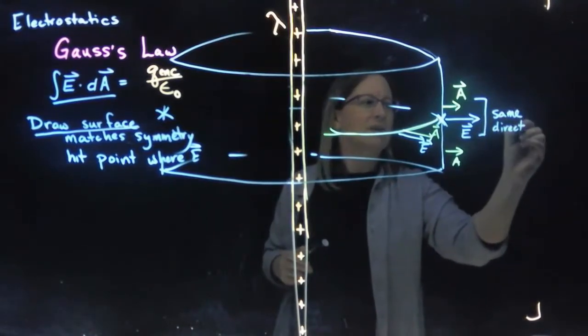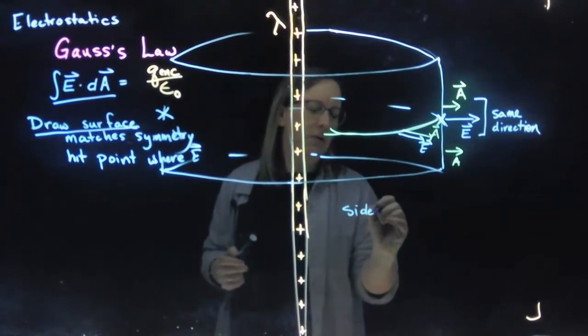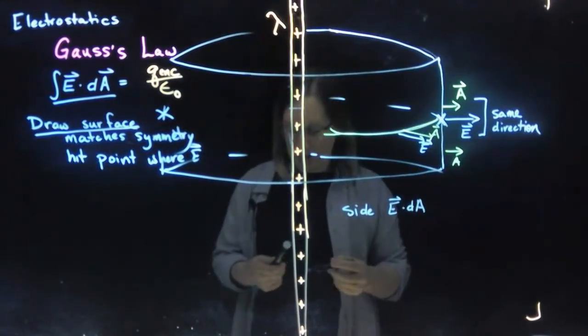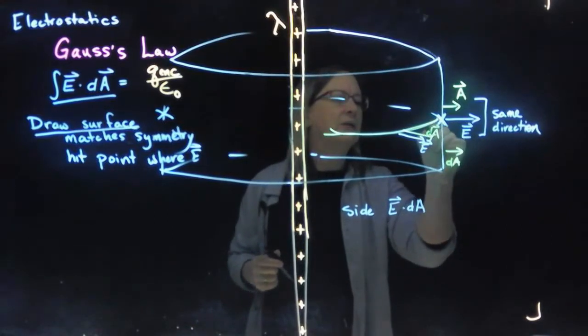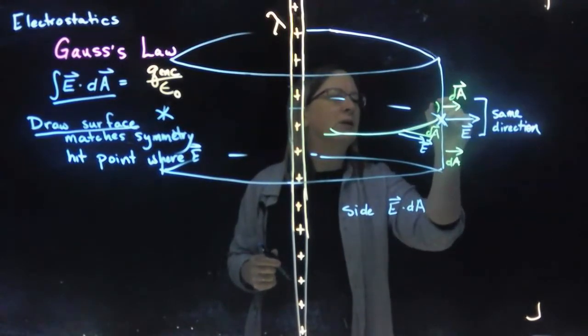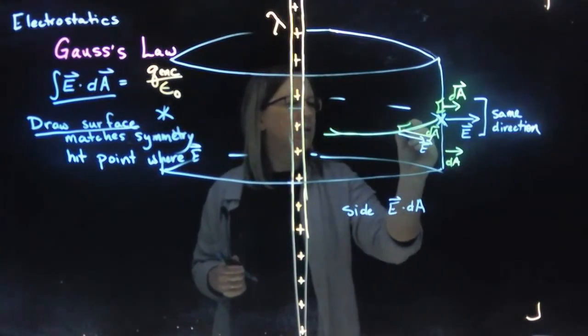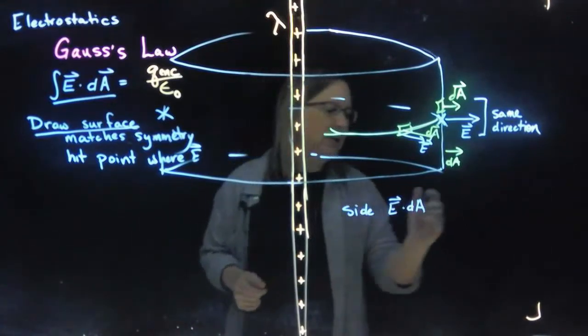On the side, we say E dot dA, and I should really make these little tiny areas, dA, dA, dA, because it's really a little tiny square on the curved surface.